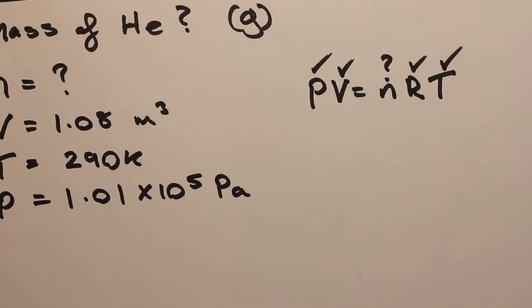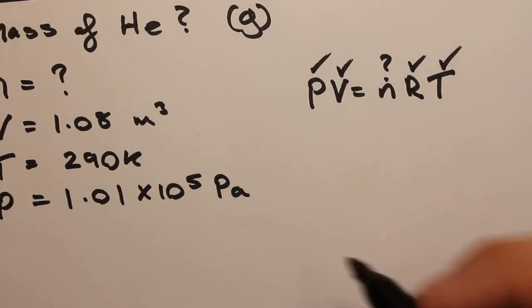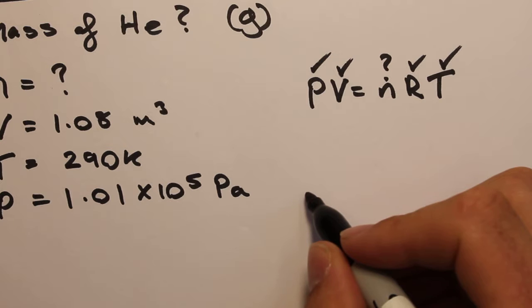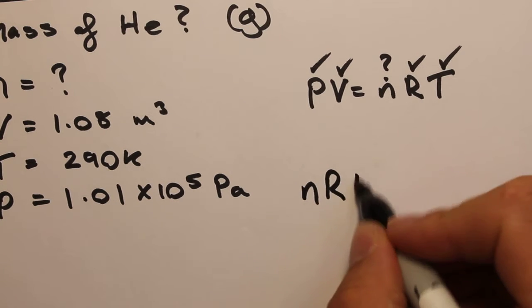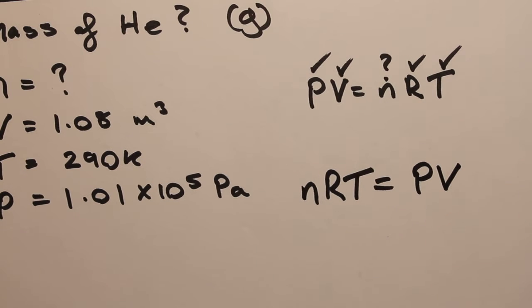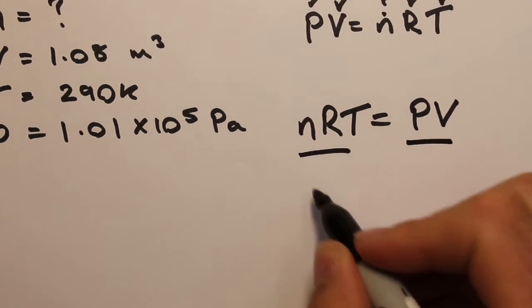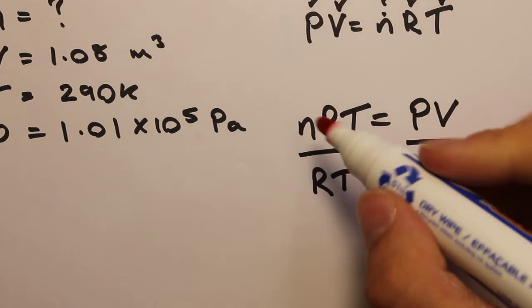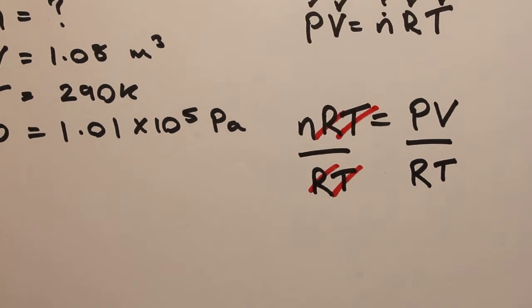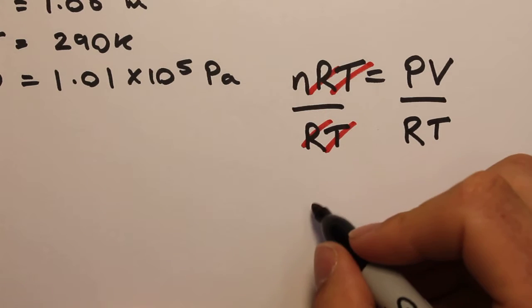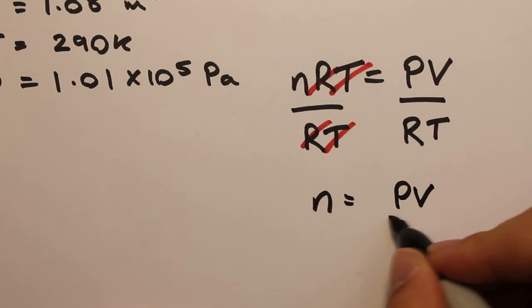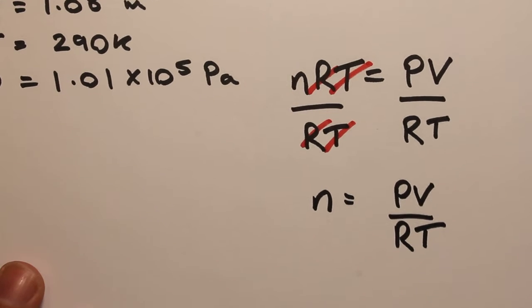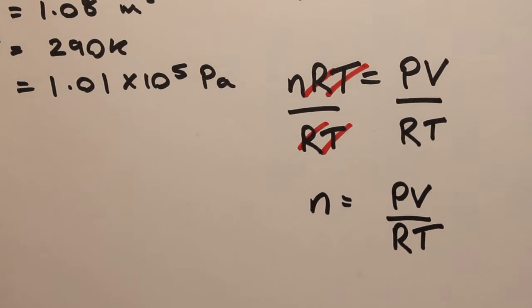Okay. So we'll rearrange now. So nRT is equal to PV. I've just flipped that around. And now we're going to divide both sides by RT. We can see over here, our R's and T's are going to cancel out, and we're going to be left with n is equal to PV over RT. Okay, so now we can fill in our numbers.